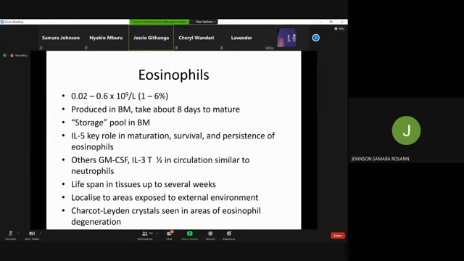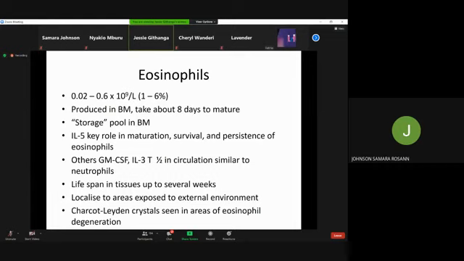They are produced in the bone marrow, and they take about 8 days to mature. Again, you can see they take some time to mature, and therefore there is also a storage pool in the bone marrow, so that if I am introduced to, say, something that makes me allergic, like some pollen, for example, if I'm allergic to pollen, eosinophils do not wait until 8 days till they mature, but will be released almost immediately in response to that allergen.